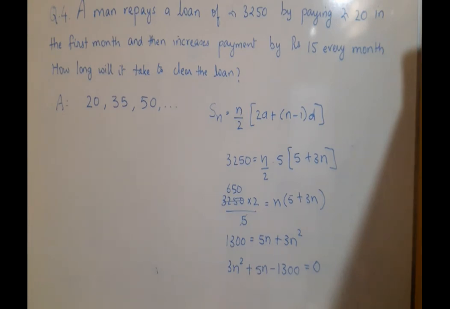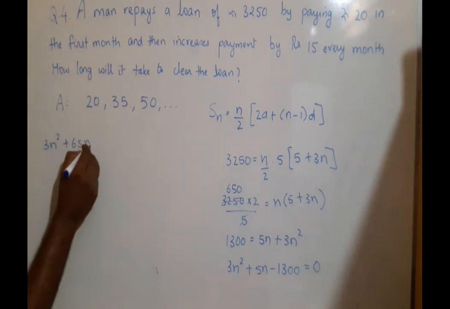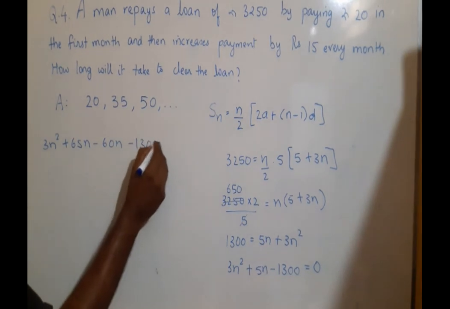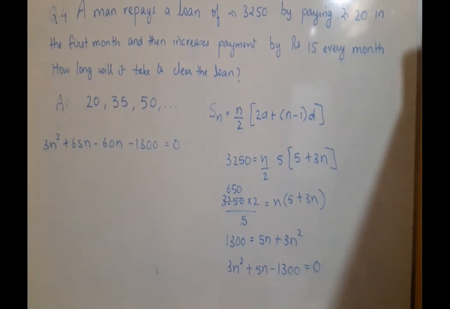So you will have to work it out by finding the factors, and you will get 3n square plus 65n minus 60n minus 1300 equal to 0. So 65 into minus 60 is minus 3900, and 65 minus 60 is 5.